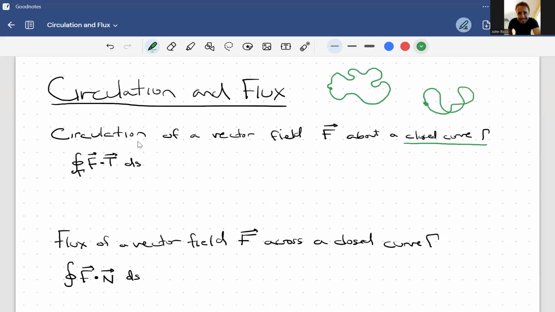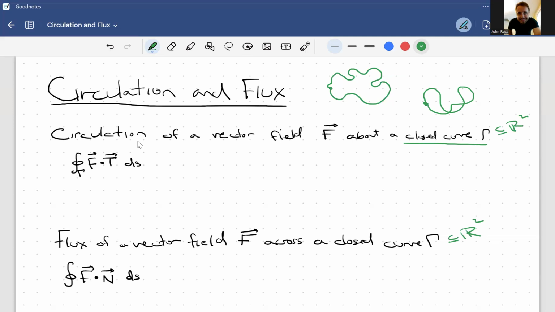So when we have a closed curve gamma, it loops around like this and encloses a region of space. And I should also say that our space in this case is always going to be R2. That's going to be true for both of these definitions. So the curve that we're looking at is going to be a closed curve in two-dimensional space.